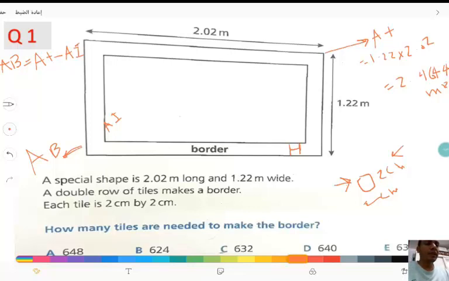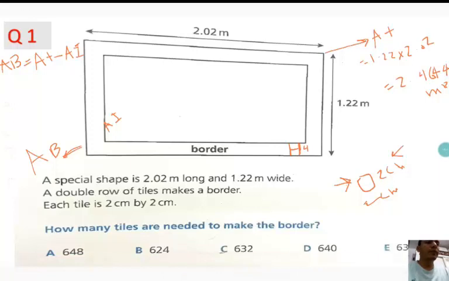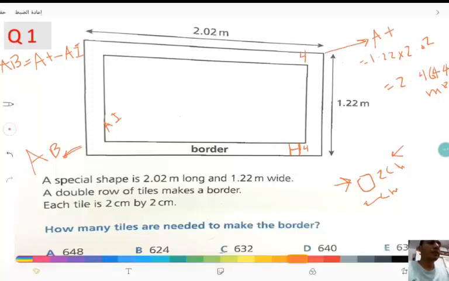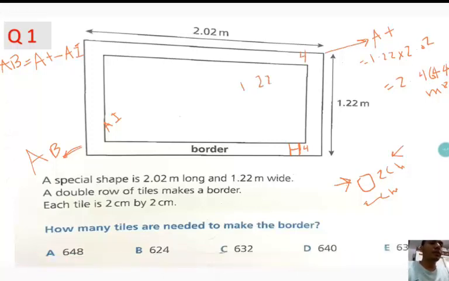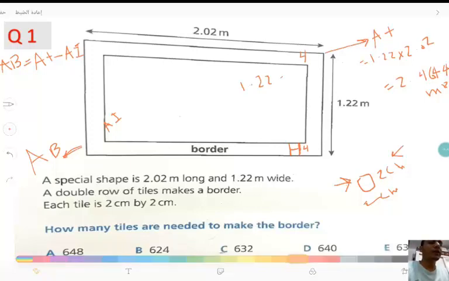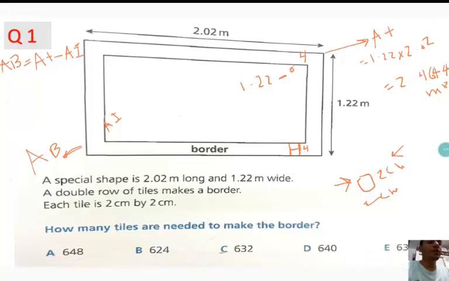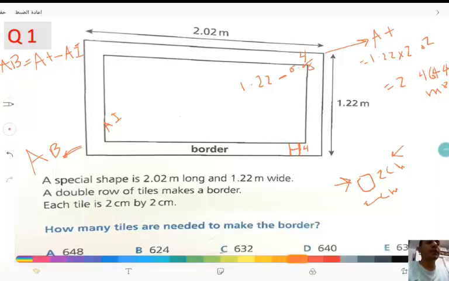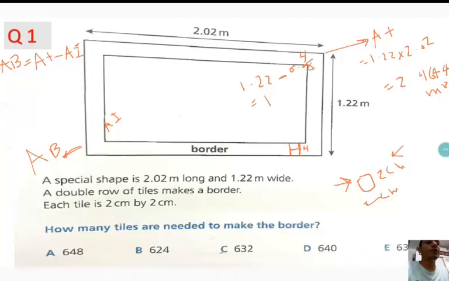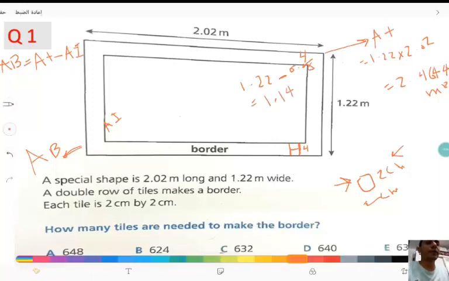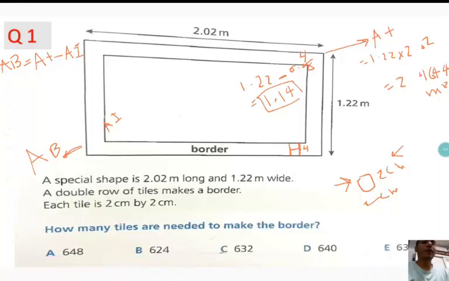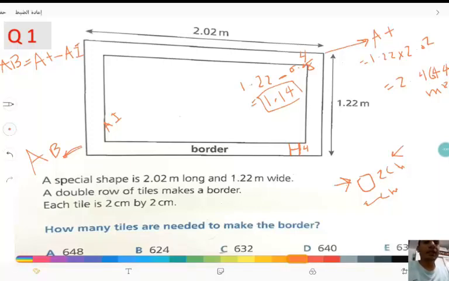Now the inside rectangle, after we discount or decrease the dimensions of the border, here 4 cm and here 4 cm, so 1.22 meter minus 4 plus 4, 8 cm, which is 0.08. So this dimension will be 1.14. This is the new dimension of the width for the inside rectangle.